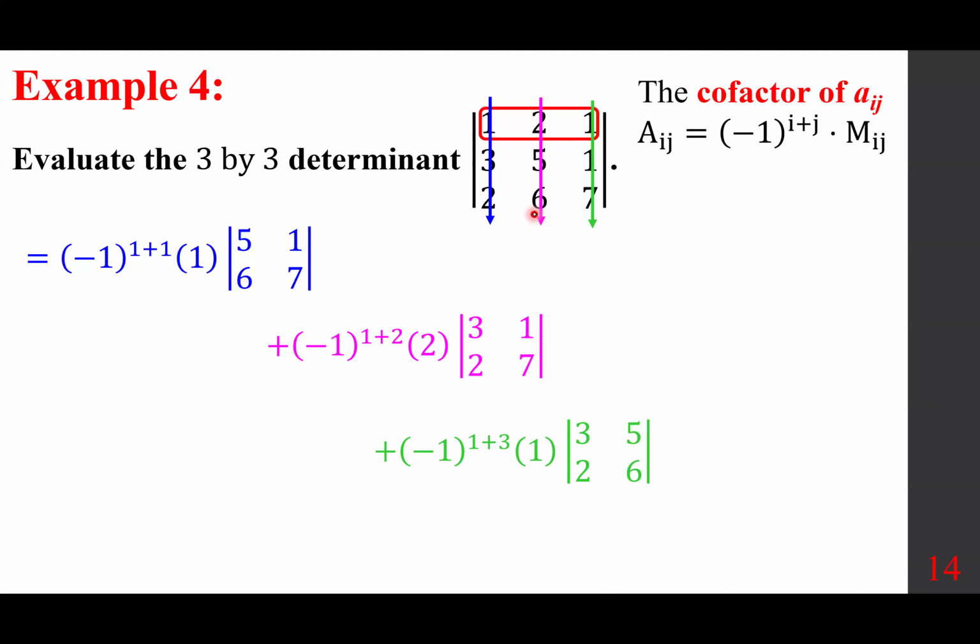That's very simple. So for each case, 5 times 7, 35, minus 6, 29. 3 times 7, 21, minus 2 is 19. 3 times 6, 18, minus 10 is 8.